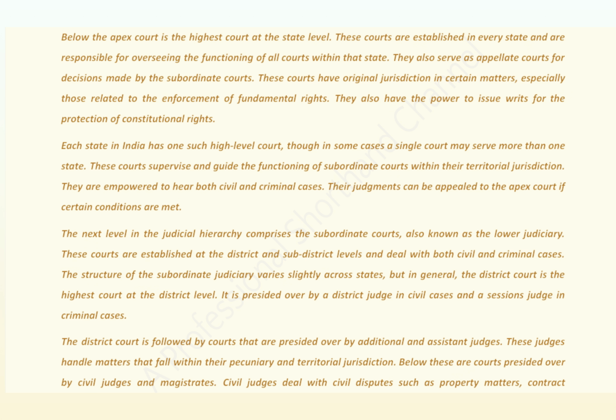The structure of the subordinate judiciary varies slightly across states, but in general, the district court is the highest court at the district level. It is presided over by a district judge in civil cases and a sessions judge in criminal cases. The district court is followed by courts that are presided over by additional and assistant judges.